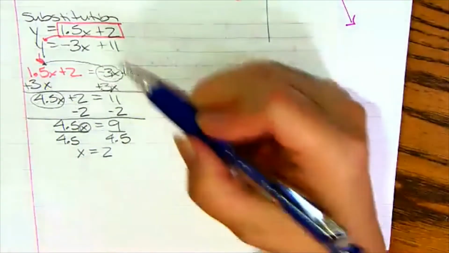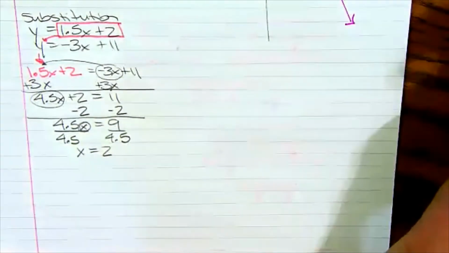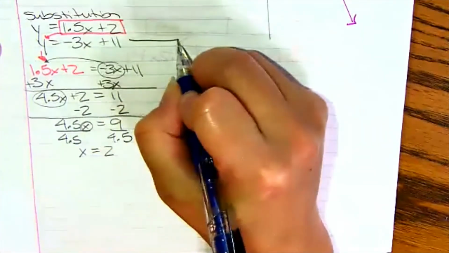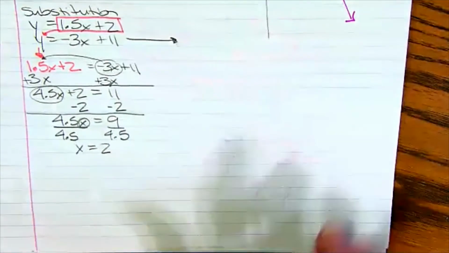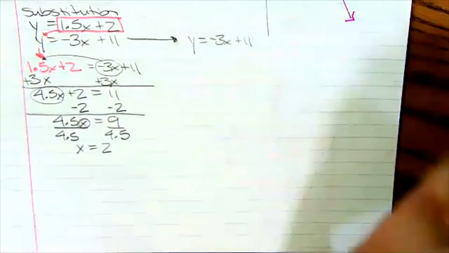So now I'm going to come back up here to my original equations, and I'm going to pick the easiest one to work with. And frankly, I think this one's going to be the easiest because there's no decimal. So y equals negative 3x plus 11.